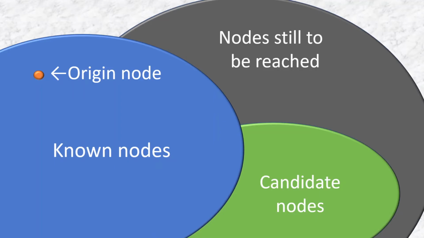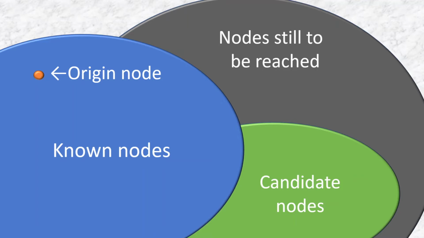Dijkstra's algorithm is an algorithm that determines the best or optimal routes from a given node in a network. This network or this graph is known, so there's a global perspective of what is to be mapped, and it proceeds from this starting point, the origin node as indicated on the screen at the moment, and then it keeps on adding nodes, and the nodes that it adds are part of the known network and they will not change for any reason.